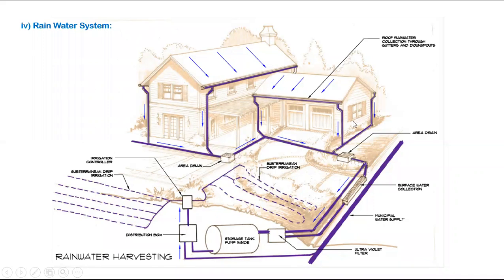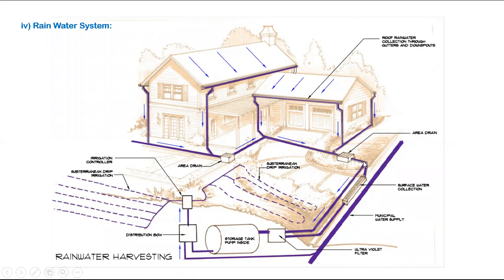Similarly, both pipes we are connecting into one header. For the road crossing, we are providing one surface water collection chamber. For the bypass line also we are providing. After that, ultraviolet filter.